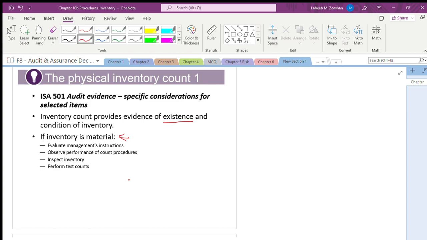You cannot ignore it. If inventory is material, follow the instructions given by the management. How the management instructions have been delivered, and those instructions you have to evaluate.